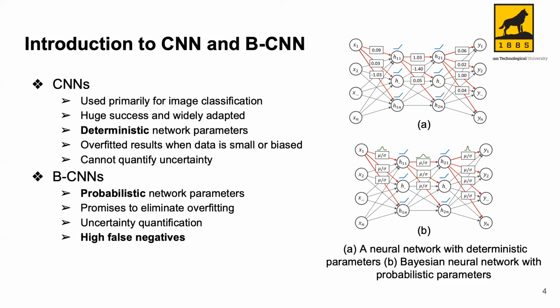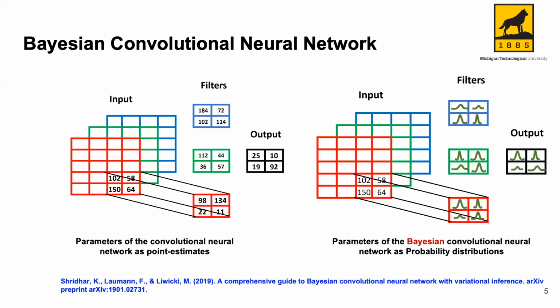But it also suffers from false negatives quite a lot, not as much as a deterministic CNN, but still there is a lot of scope for improvement. We explored Bayesian CNNs using histopathology images, and we try to explain how it works. That's what I'm going to talk about.